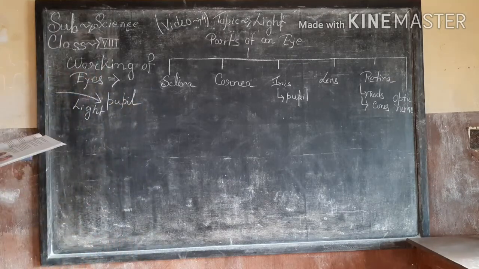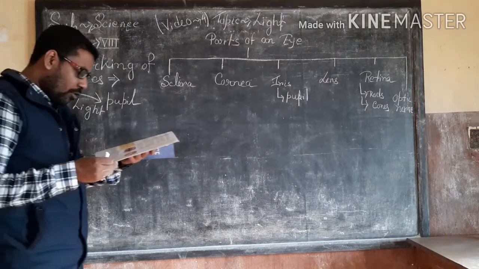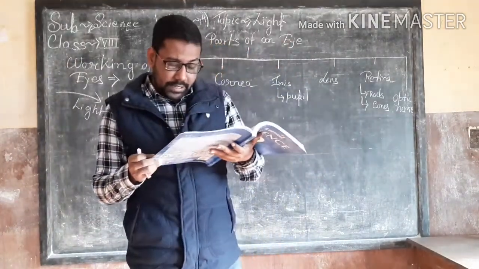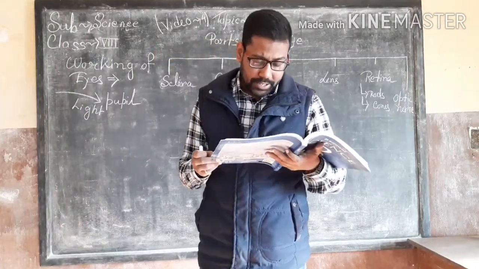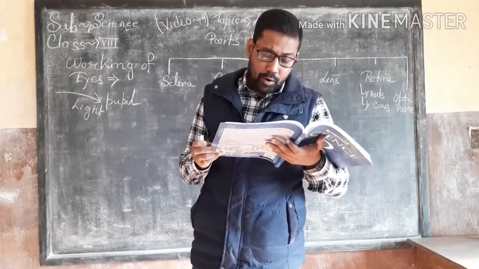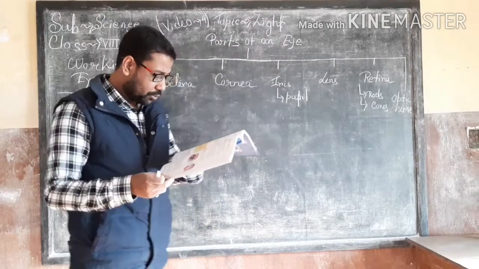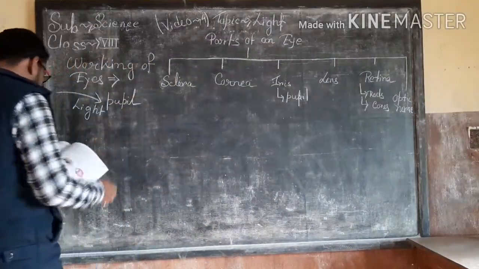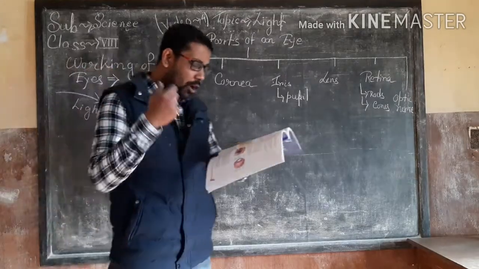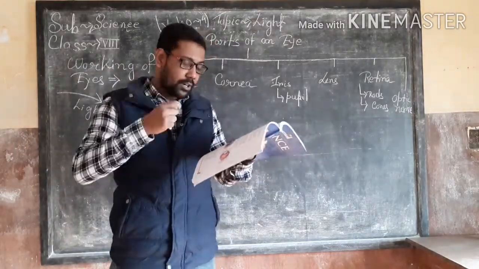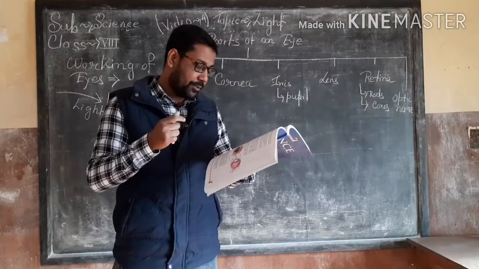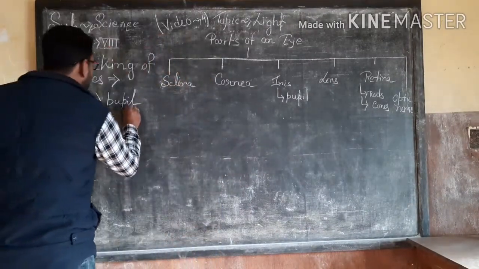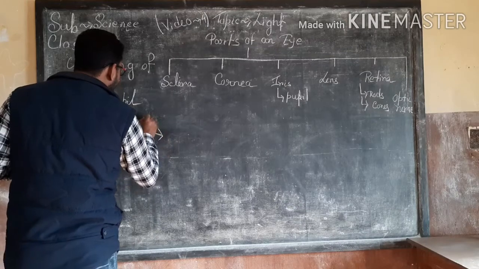Okay, and the lens focuses the light rays coming from the object. After that, the light rays come from the object, enter the eye through the pupil. Then the lens focuses.